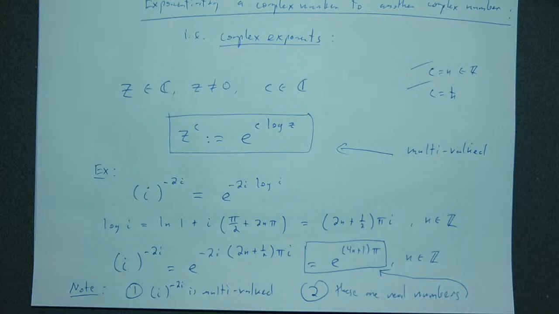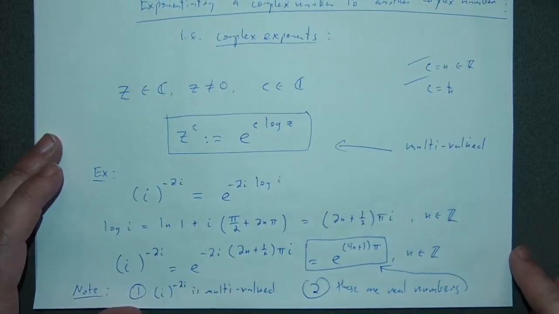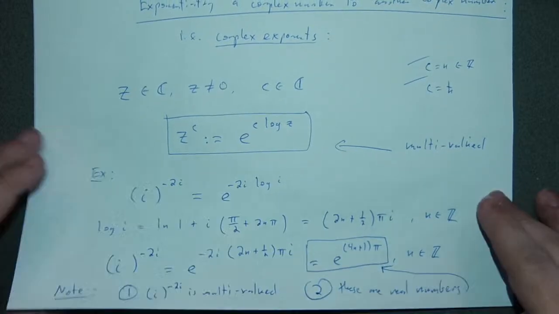So that's one example of what it means to exponentiate a complex number to a complex number, and these are some ways this can be different than you expect.